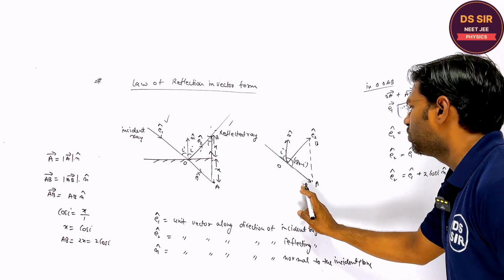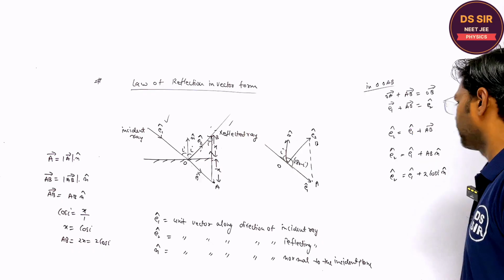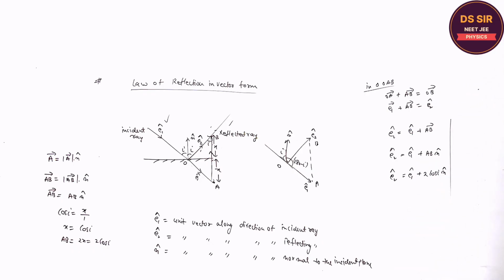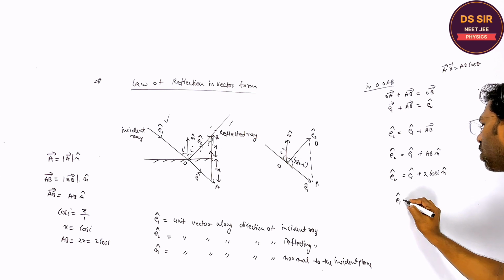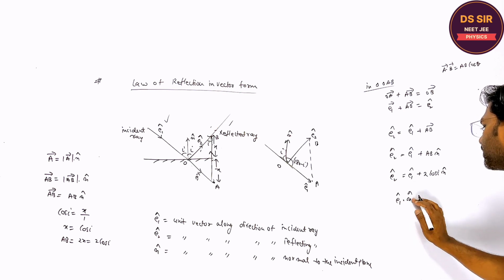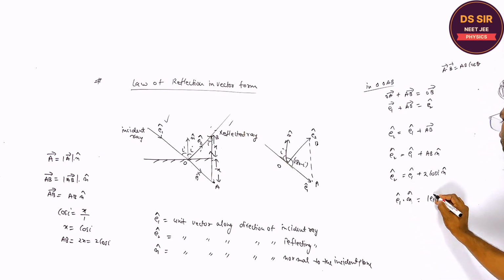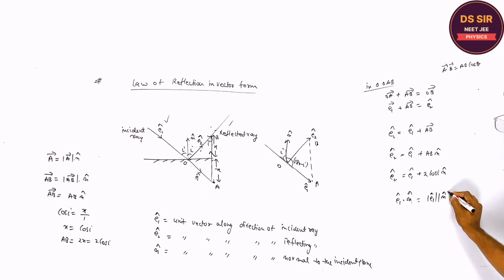So how would you find the E1 cap and n cap? I am writing this side, E1 dot n cap. You know A dot B is nothing but AB cos theta. So E1 dot n cap is mod of E1, mod of n cap, and the cos of the angle between them.